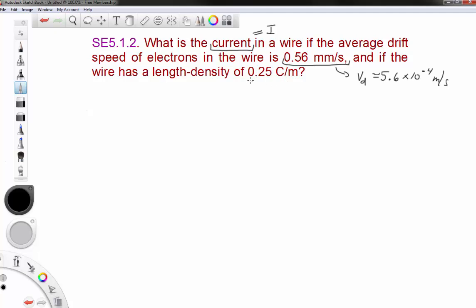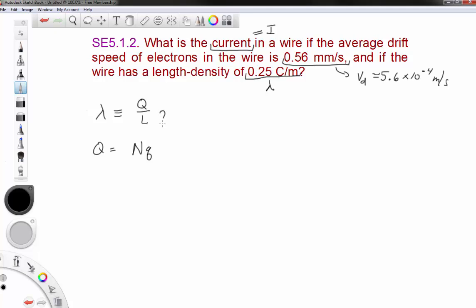And then we're given a length density of 0.25 coulombs per meter. I'm going to call this lambda. And lambda, as you know, basically represents charge per unit length. So this would represent Q over L. Now, Q, in turn, is going to be the number of charges times the amount of charge on each of these charge carriers.